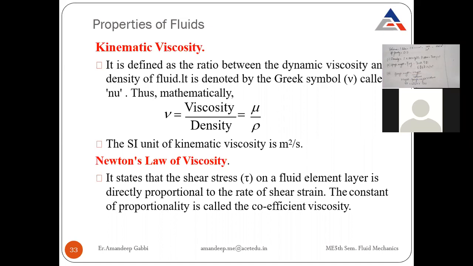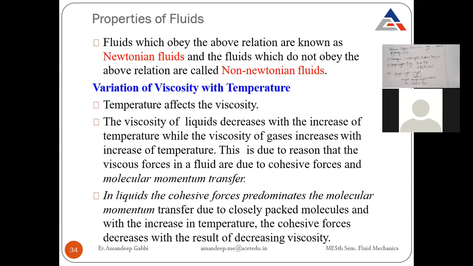So simple सा rule है, Newton's law of viscosity, that whatever shear stress is applied, it should be directly proportional to rate of shear strain. कितना strain produce होगा. The constant of proportionality will be equal to coefficient of viscosity, right? तो ये न्यूटन लॉ है.